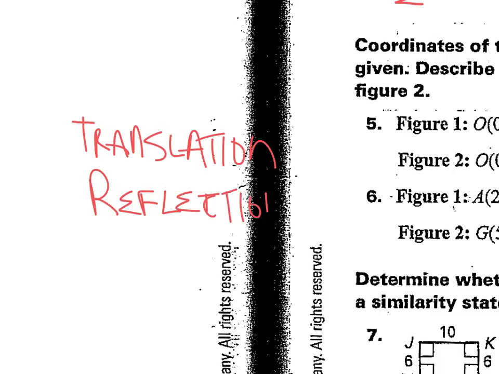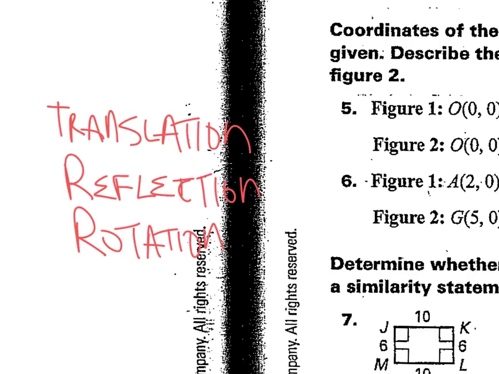Or is it a rotation, where it's turned? Okay. Those are your three choices for 5 and 6, but you need to plot these points on the graph, okay? And then just take a look at your pictures and see how it moved. Which one of these describes that movement?